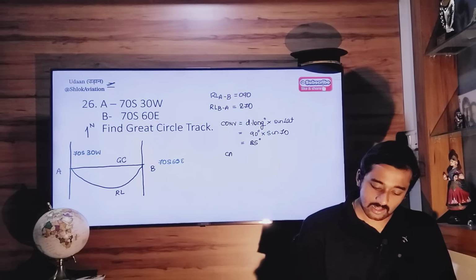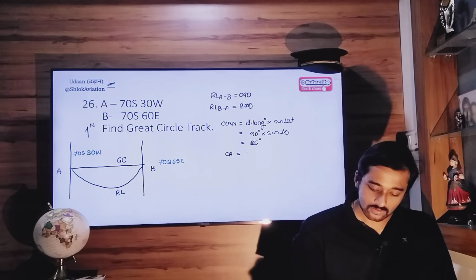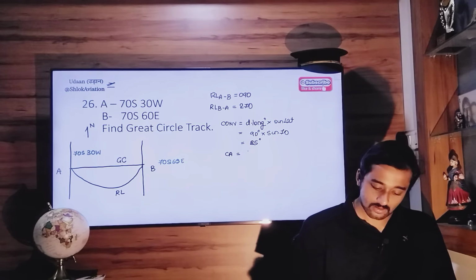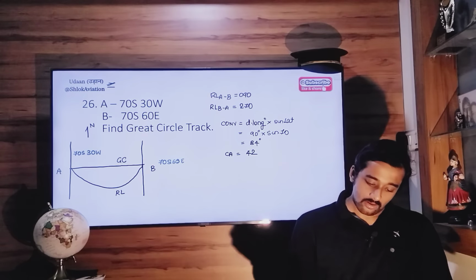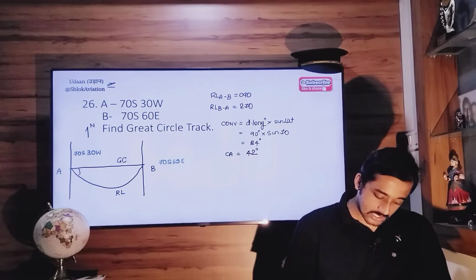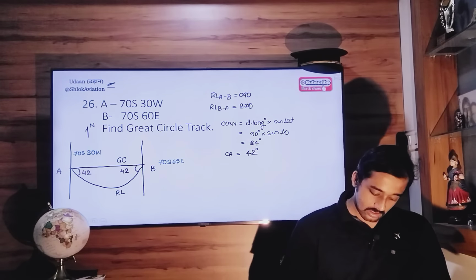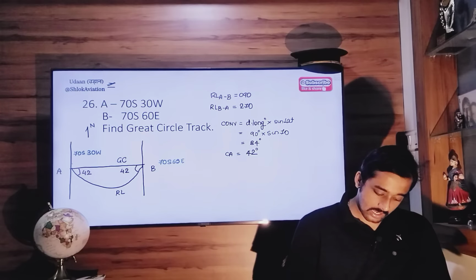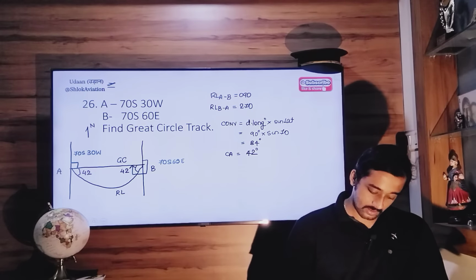So convergency angle will be half of that, that is 42. Let's consider 85 as 84. So convergency angle is 42. Rhumbline A to B is 090. Rhumbline B to A is 270.